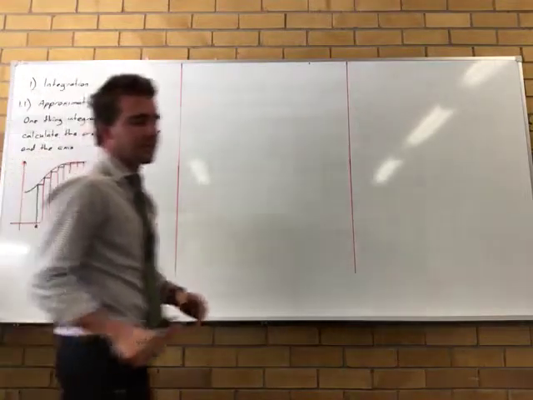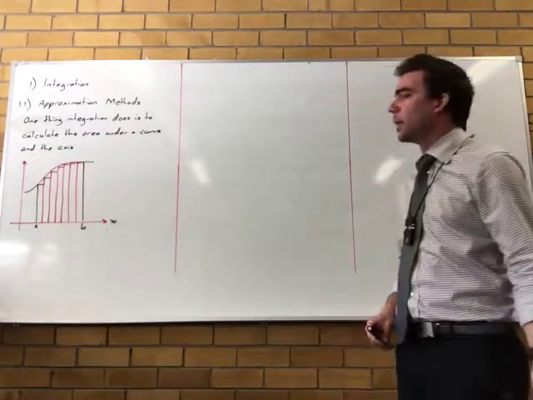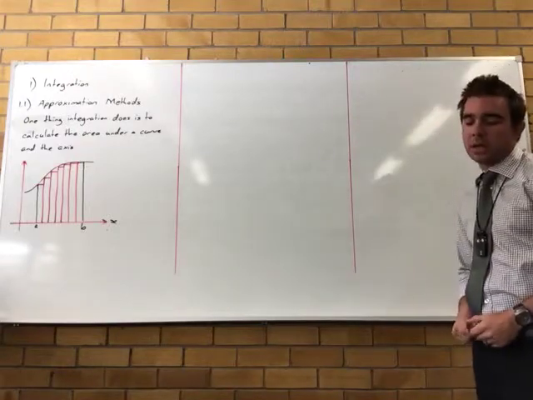Rectangles was the first thing that they came up with to approximate the area under a curve in calculus.